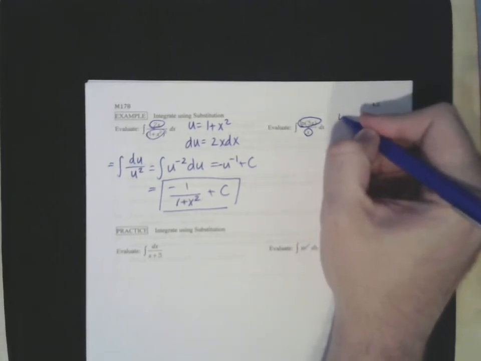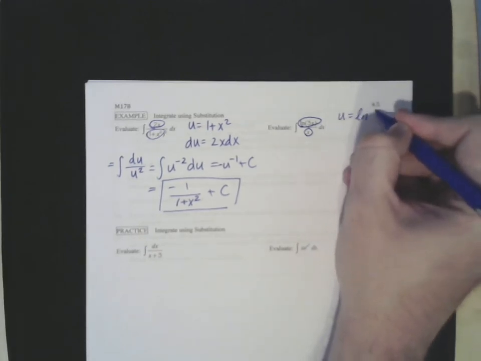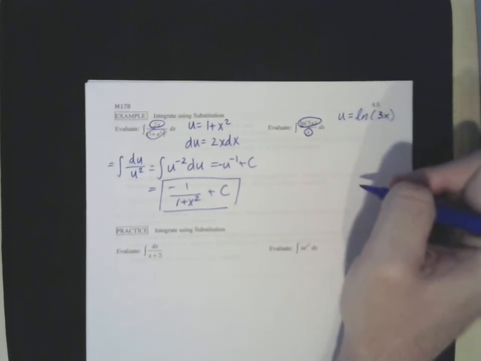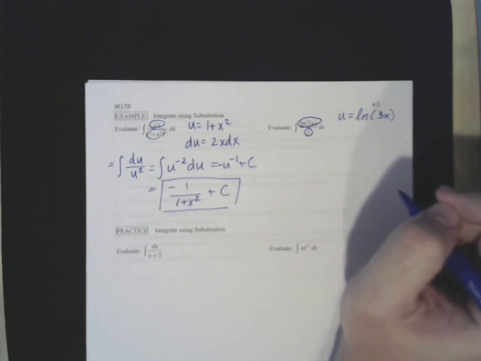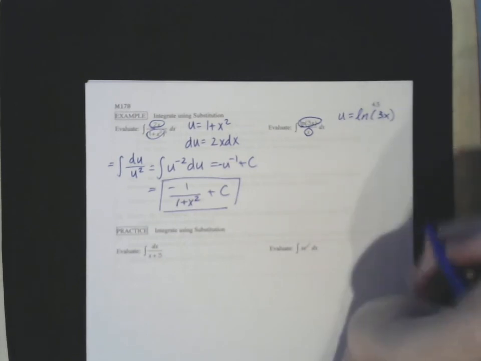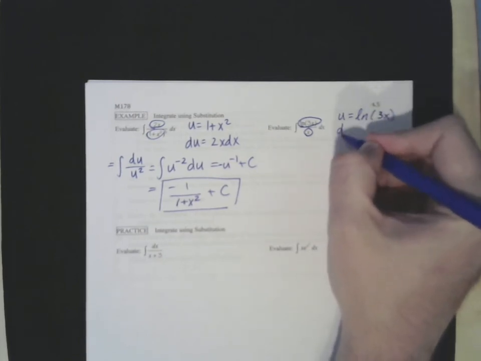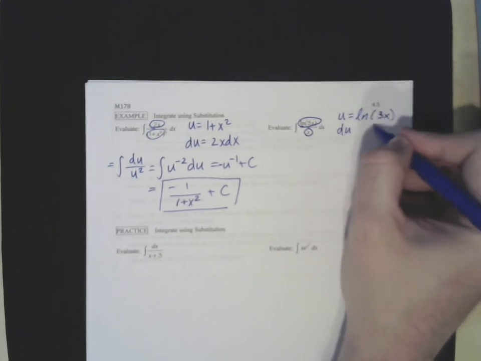So we're going to have to set u equal to ln 3x, because we don't know any function whose derivative is ln. So if u is ln 3x, then du is going to be 3 over 3x, or 1 over x dx.